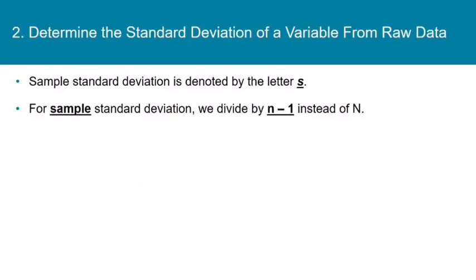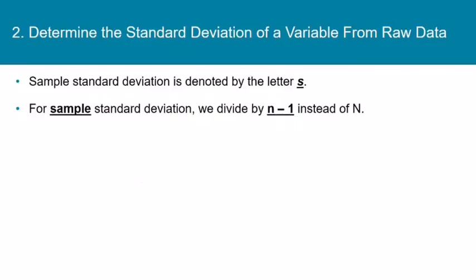So remember, when we had population standard deviation, we divided the sum of the squared deviations by the population size. But here, with sample standard deviation, we're going to divide that sum of squared deviations not by sample size, but by sample size minus 1.